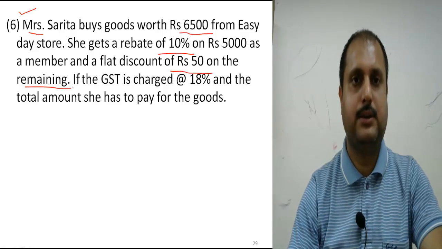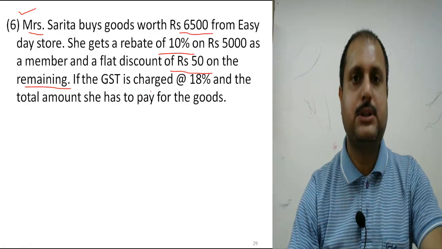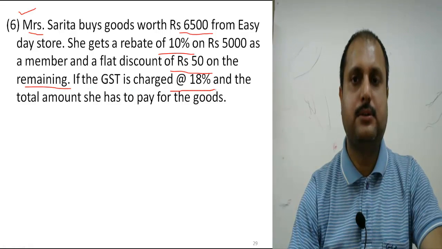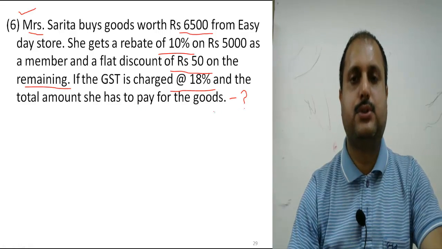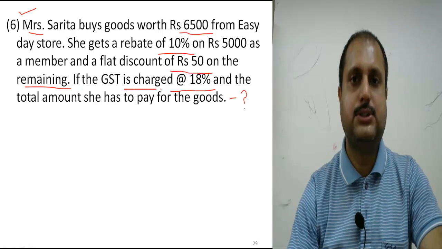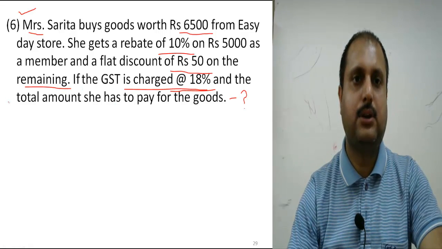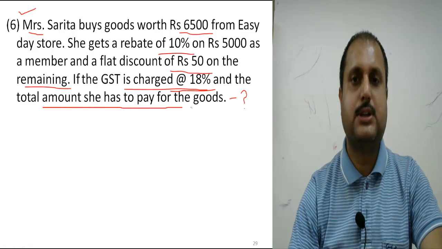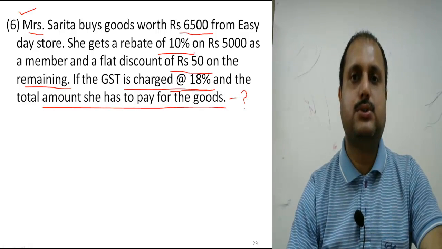If the GST is charged 18%, what is the total amount she has to pay for the goods? So here you have to find out the GST charged at 18% and the total amount she has to pay for the goods.